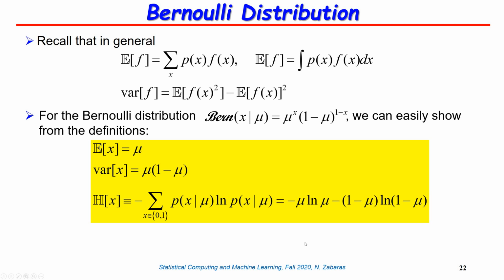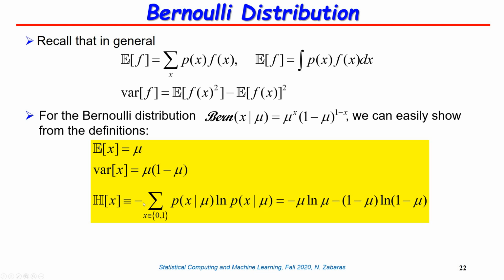I mentioned earlier the concept of entropy. I am giving you the formula for what's called the entropy just to have it come with these slides under the Bernoulli distribution. For now just take it as a definition, and in a forthcoming lecture when we discuss some basics of information theory, I'm going to elaborate a little bit more as to what this entropy means.